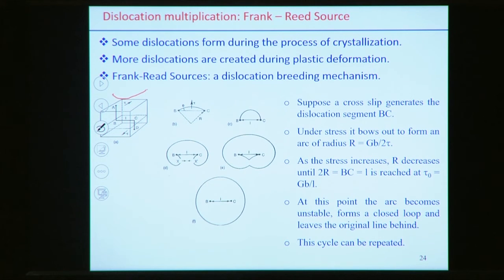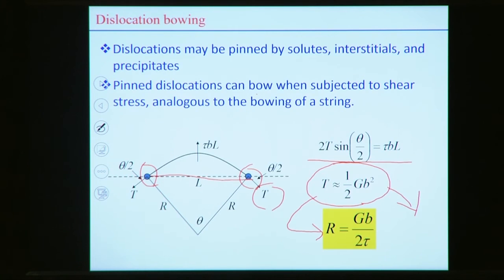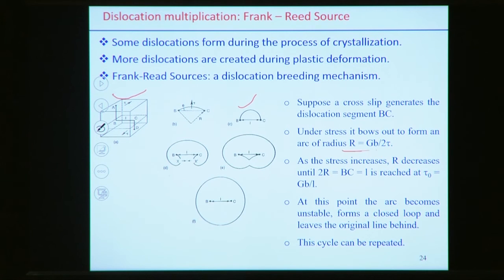Under stress it bows out to form an arc of radius R, where R can be represented as G b by 2 tau. As stress increases, R decreases until 2R equals BC equals L. That means the segment arc takes exactly the semicircular form.